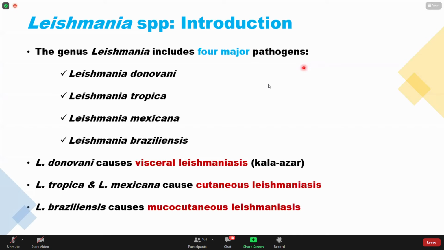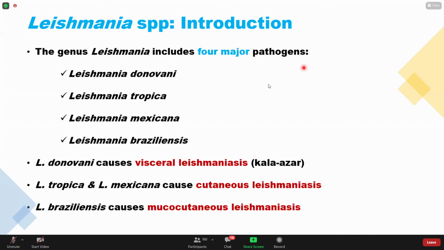Some conditions are limited to just the skin, so we talk of cutaneous infection, while some can involve the skin and the mucous membrane, so we say mucocutaneous, and you can have those that actually go down to organs like the liver, the bone marrow, so we talk of visceral leishmaniasis as well.